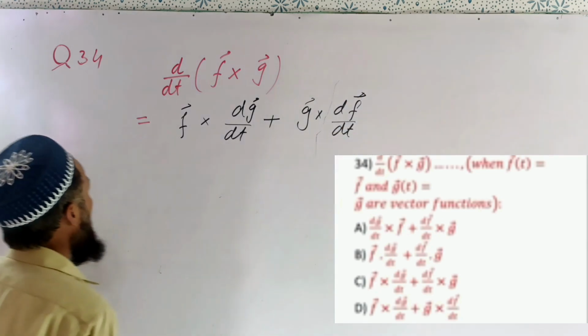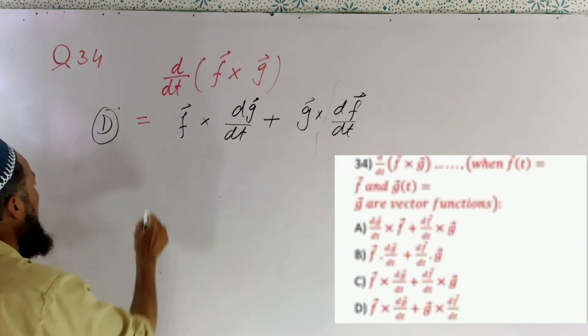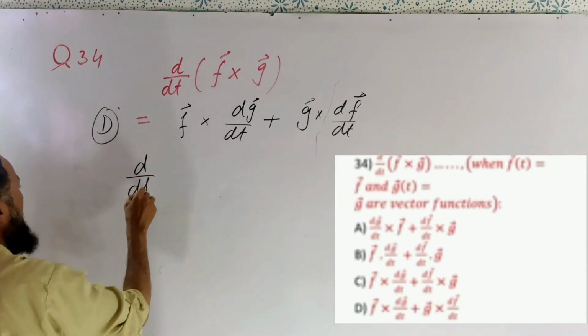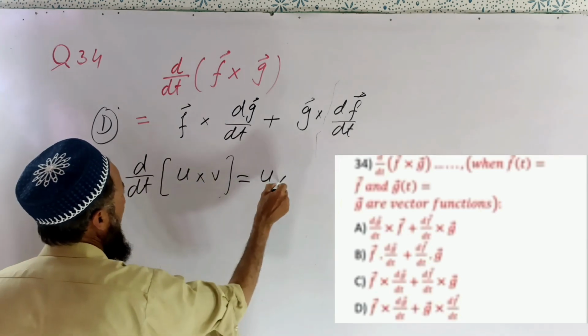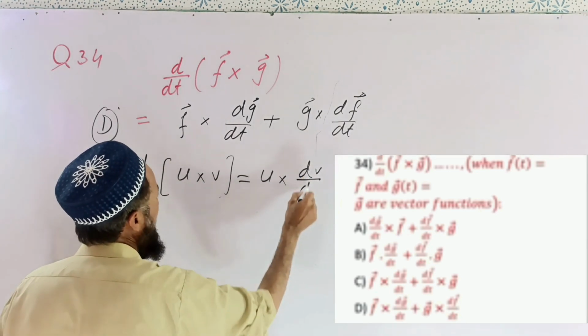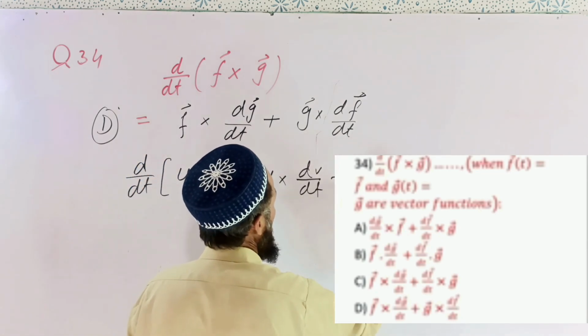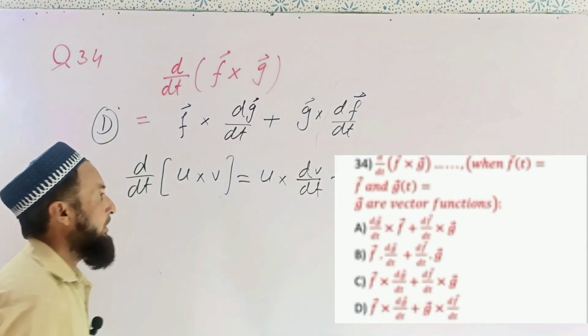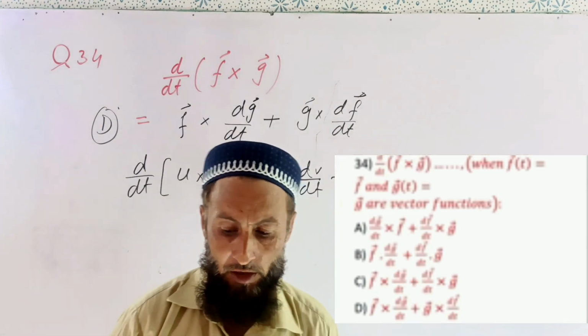So option D is the correct option according to the formula. We are using the product formula: u cross dv by dt plus v cross du by dt. This is the vector product or cross product formula we are using.